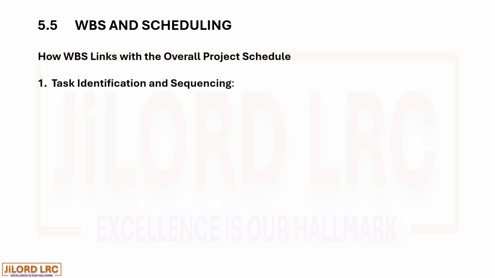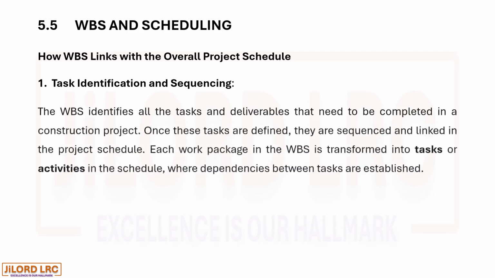1. Task identification and sequencing. The WBS identifies all the tasks and deliverables that need to be completed in a construction project. Once these tasks are defined, they are sequenced and linked in the project schedule. Each work package in the WBS is transformed into tasks or activities in the schedule, where dependencies between tasks are established.